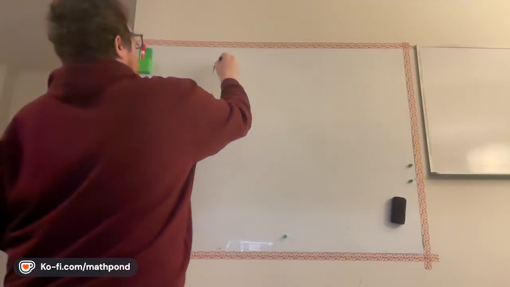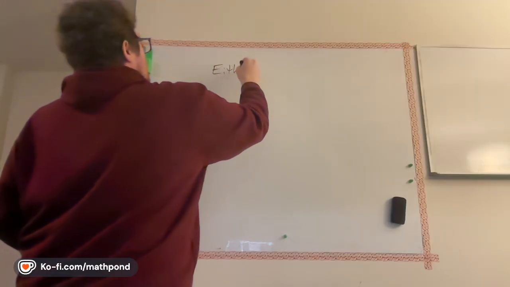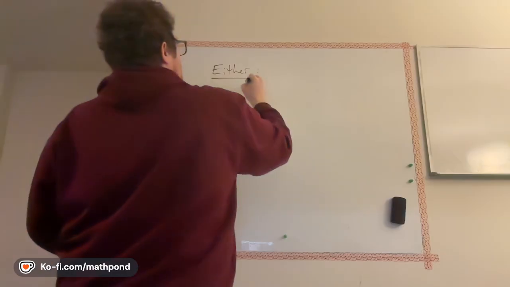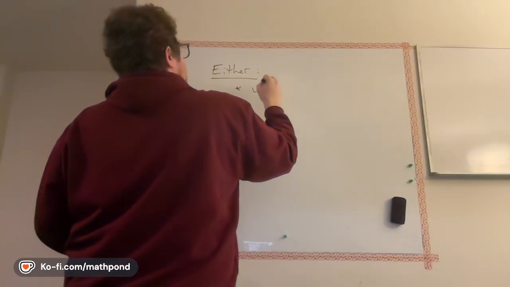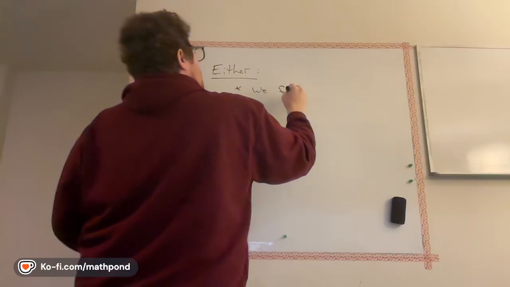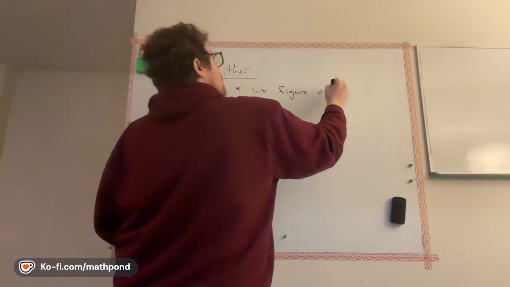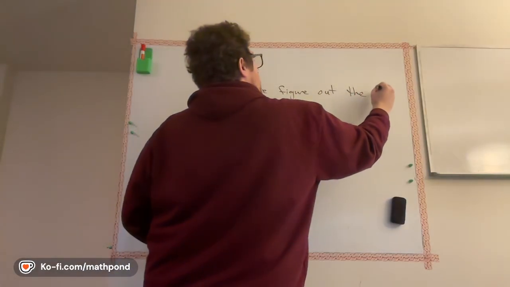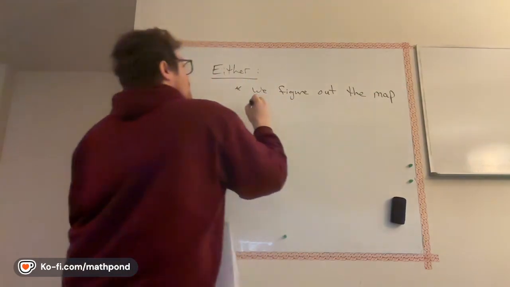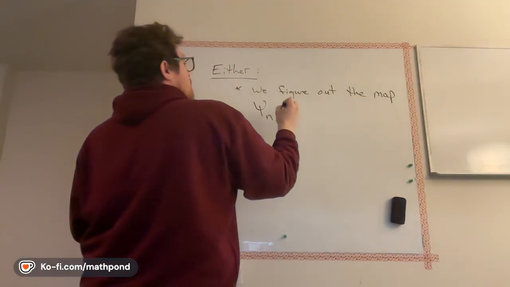So either we figure out the map cyan, which makes this whole thing commute.